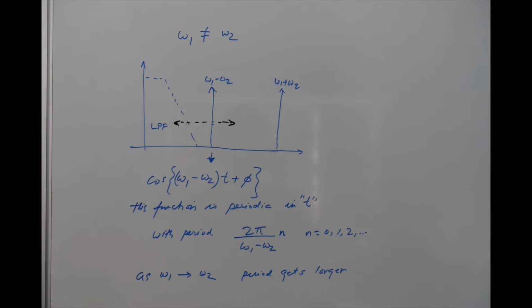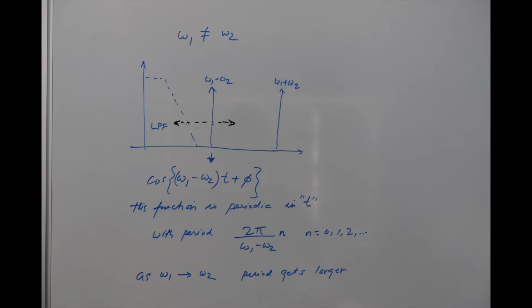Those components will go further out to the right as the differences become larger. The low pass filter cutoff frequency is shown in dotted line, and if omega 1 minus omega 2 is a large number, it's going to fall outside the cutoff frequency. So it will be very easy for the lock-in amplifier to reject this difference frequency.